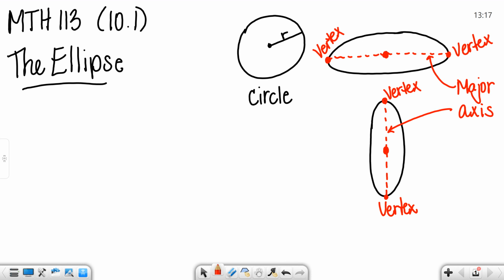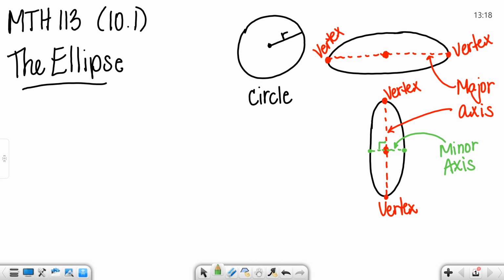All right, so there's the first part of an ellipse. The next part would be, there are these other 2 points that we connect. This also goes through the center, and this line is called the minor axis. Now, the major axis and the minor axis are always perpendicular to each other.